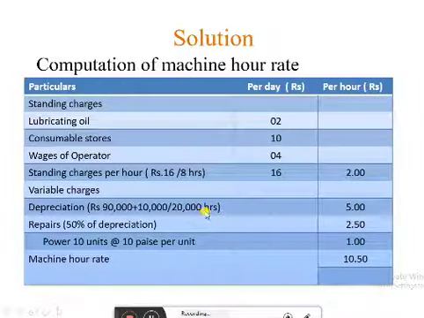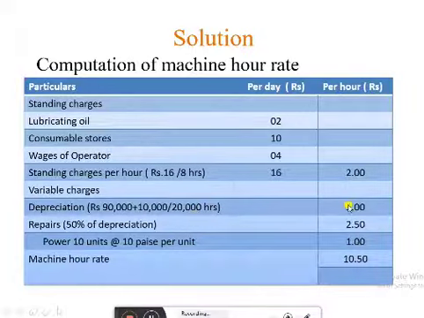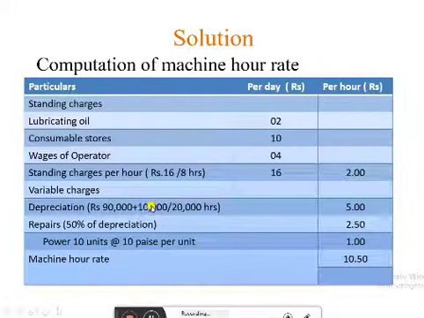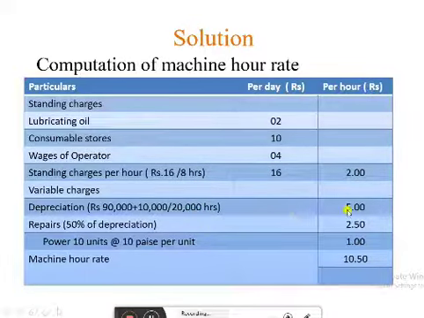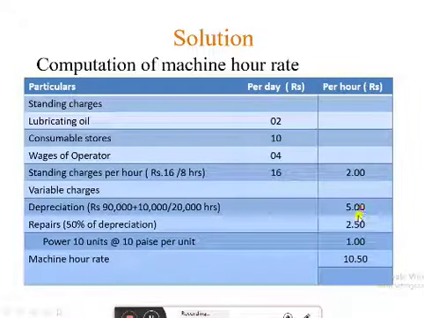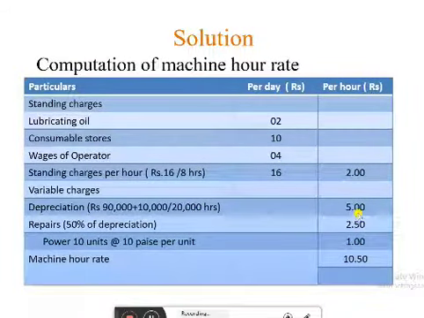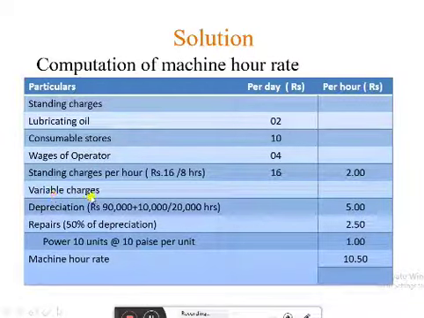If you add 90 plus 10, it is 1 lakh, divided by 20,000 hours, and you get 5 rupees per hour. So this is the depreciation.